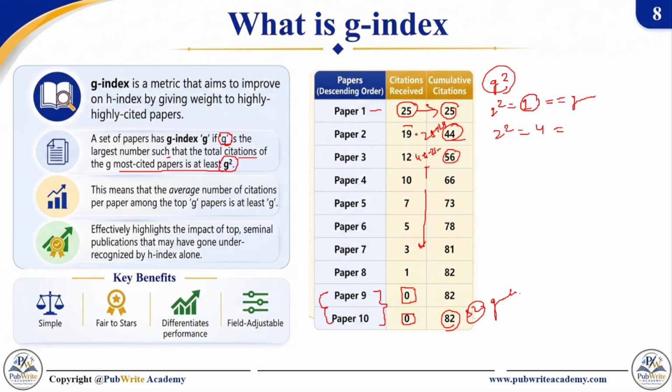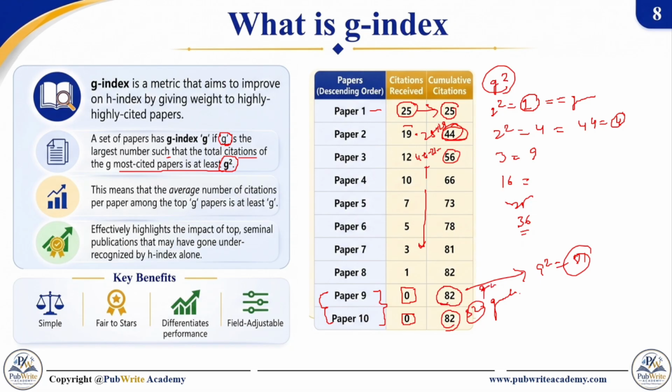Our papers have 44 cumulative citations, which means it is more than or equal to 4. Similarly, we check 3 square is 9, 4 square is 16, and so on. We test with a similar approach until we see that 9 square is 81, so till here the G square rule is followed.